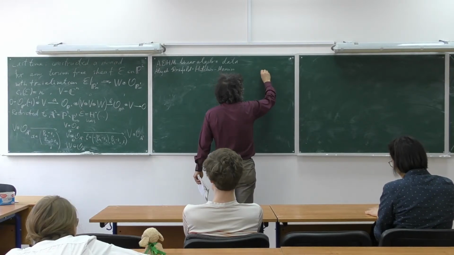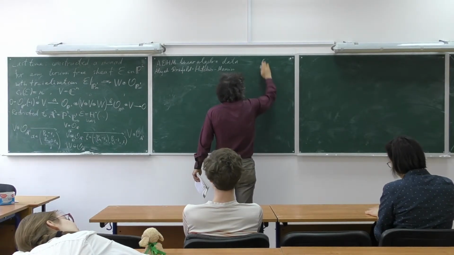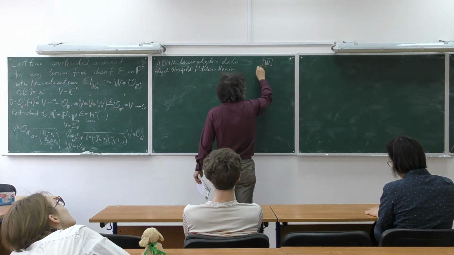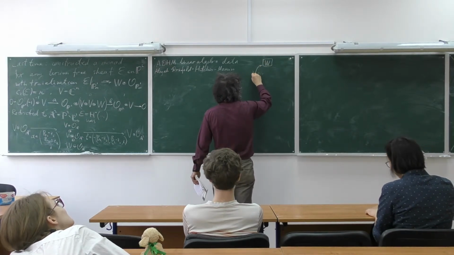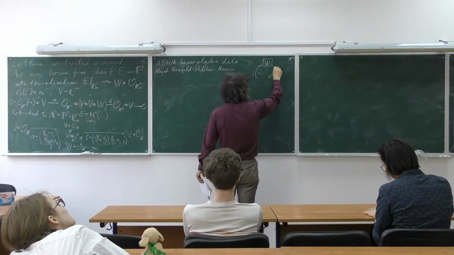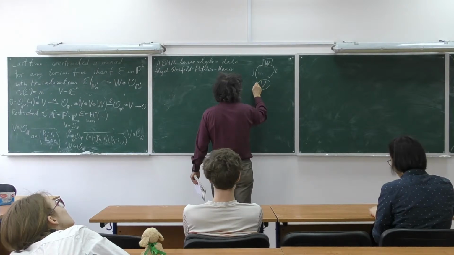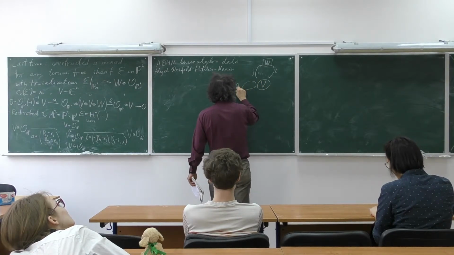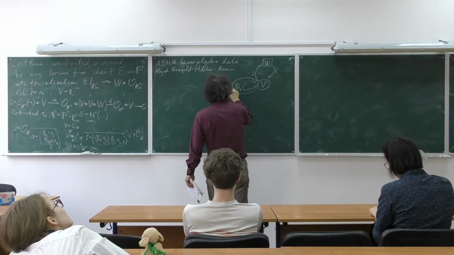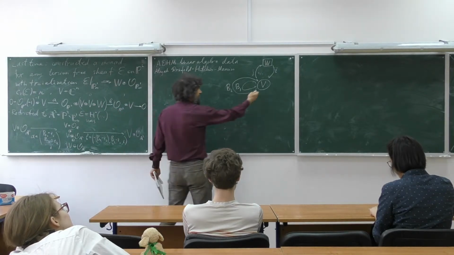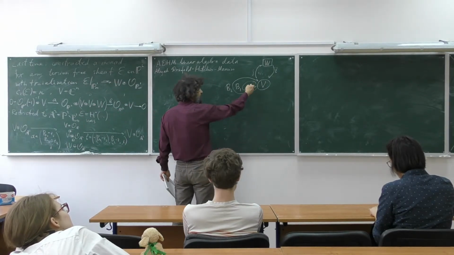Okay, so you have a vector space V, you have two endomorphisms, B1, B2.